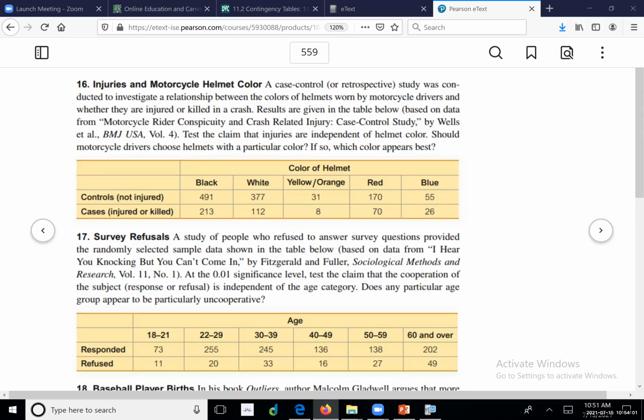If you are wearing one of these, what color would you wear?